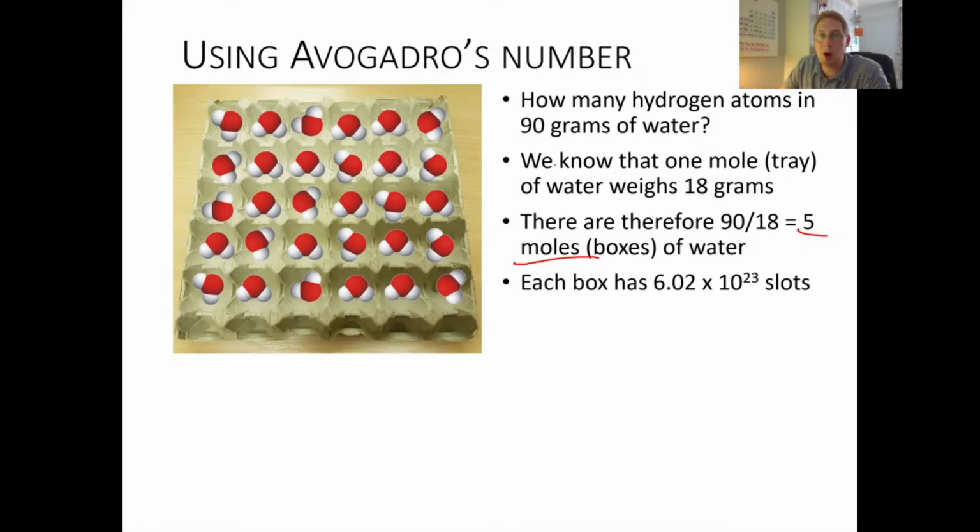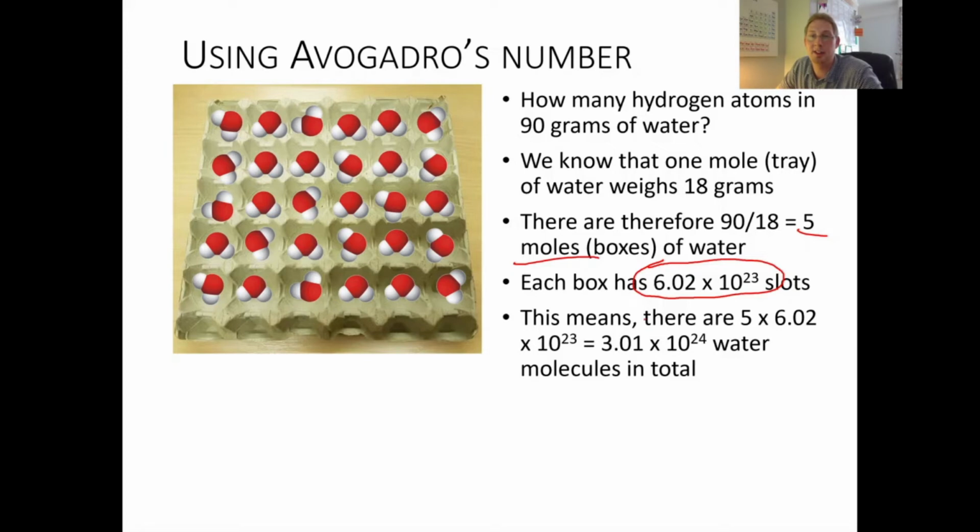Each of those moles has 6.02 times 10 to the 23 slots. So the total number of molecules we have is 5 times 6.02 times 10 to the 23, which is 3.01 times 10 to the 24 water molecules in total.